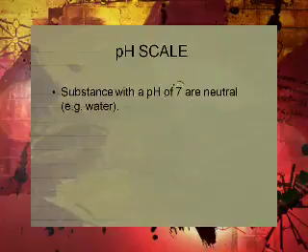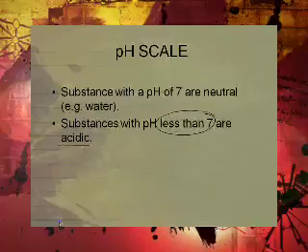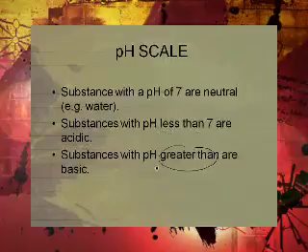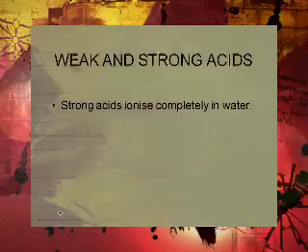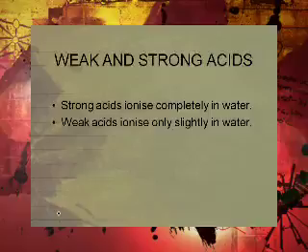Substances with a pH of 7 are neutral, for example, water. With pH less than 7 are acidic. pH greater than 7, those are basic. And we have what we call weak and strong acids. A strong acid is one that ionizes completely in solution or in water, and a weak acid will be one that ionizes only slightly in water.